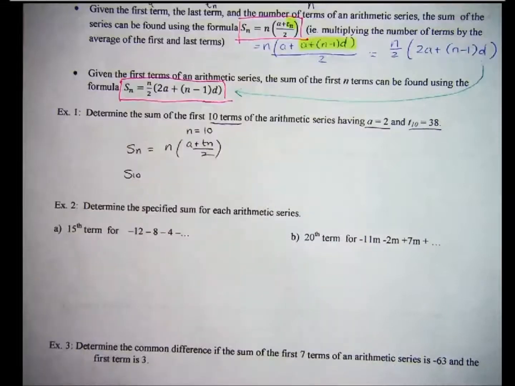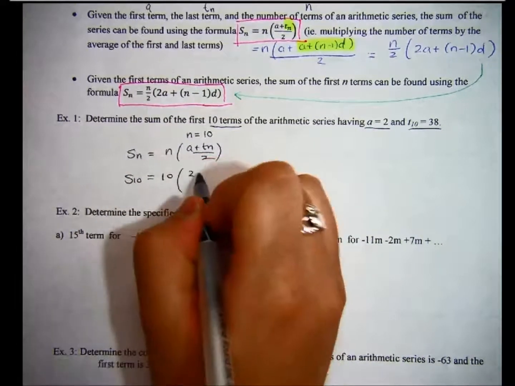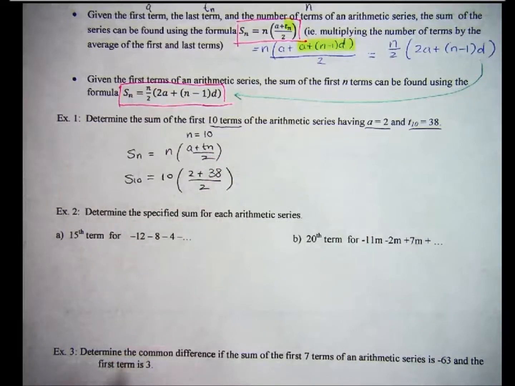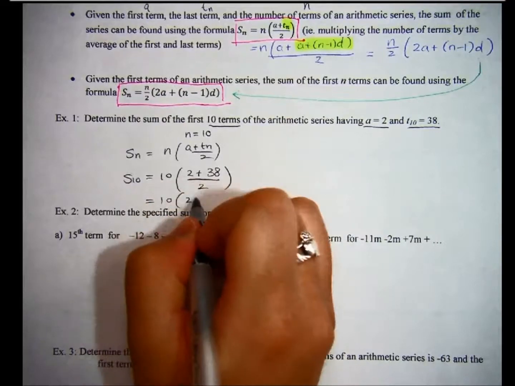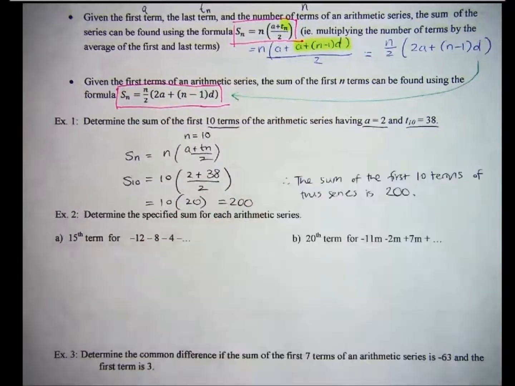I'm going to sub in 10 for n, 2 for a, and 38 for Tn, and the sum ends up being 200. So the sum of the first 10 terms of this series is 200.